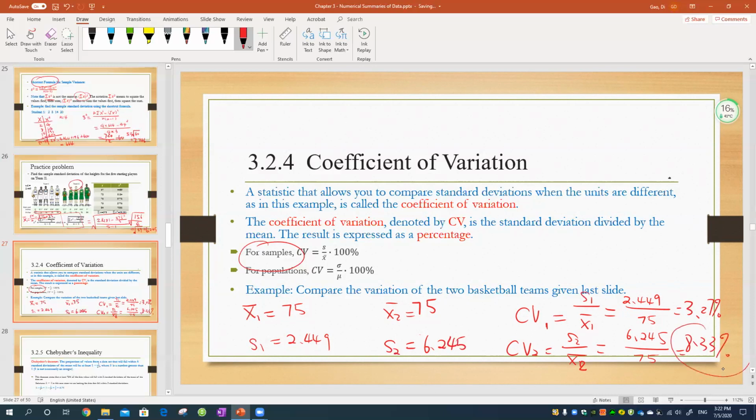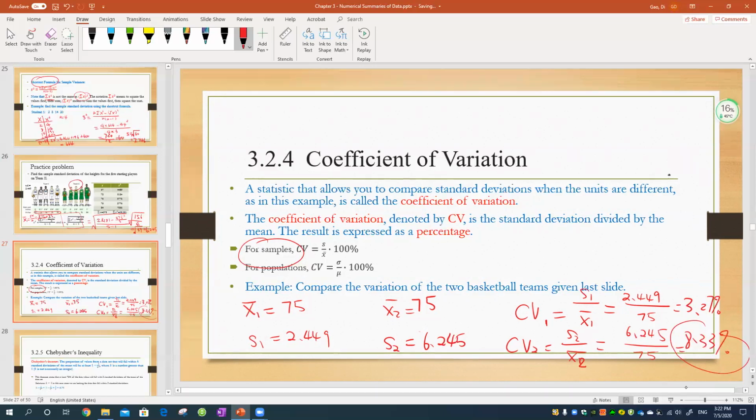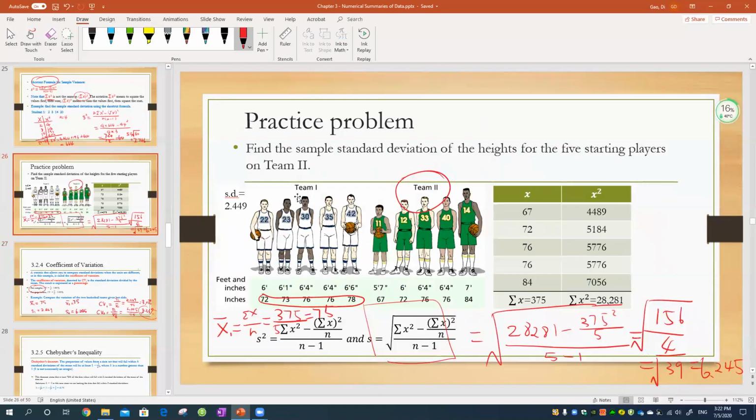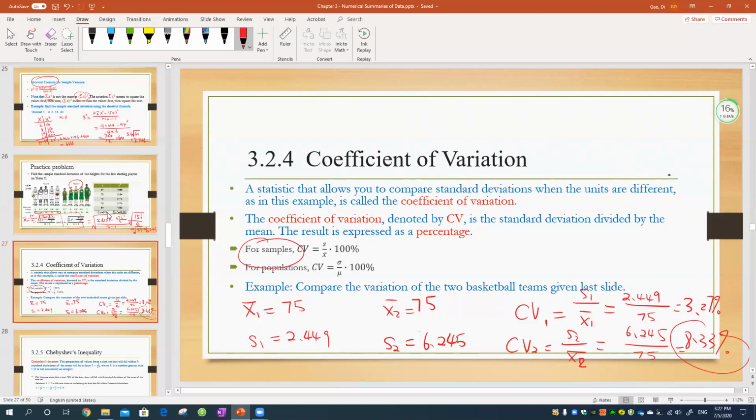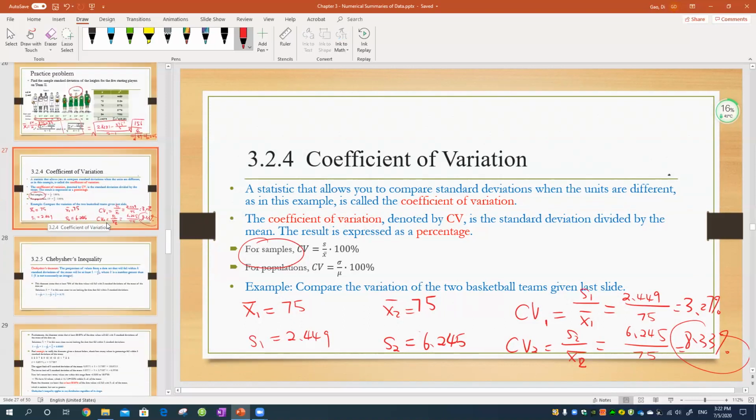So now this is larger than the first one. That tells us the first team has smaller variation, or it's more stable. And let's go back to the picture. We don't see much difference in their height, but for team 2, you do see a larger variation. We should review these two numbers for the coefficient of variation.